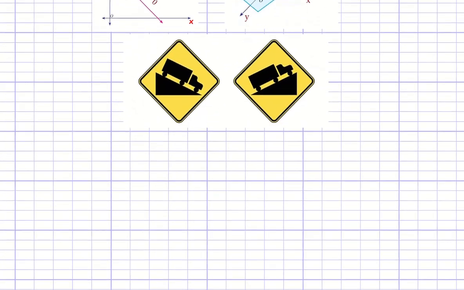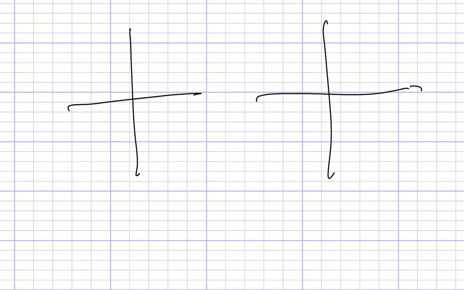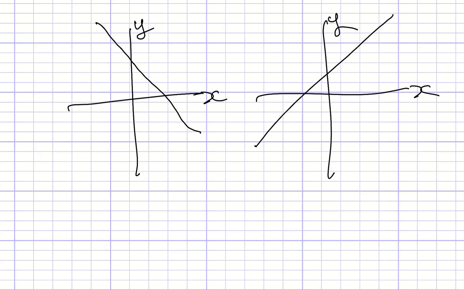But if you have to draw your own graph like that, this is x, y. If you draw something like this, you have to always visualize this from left to right. That way you can see it.